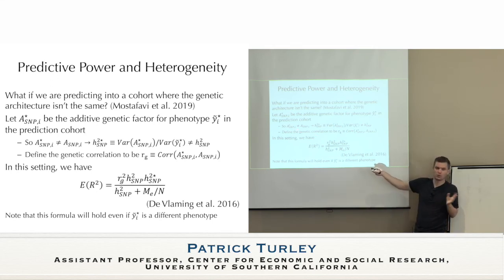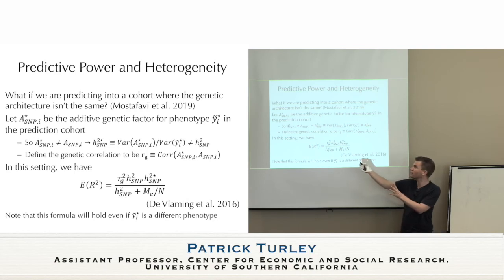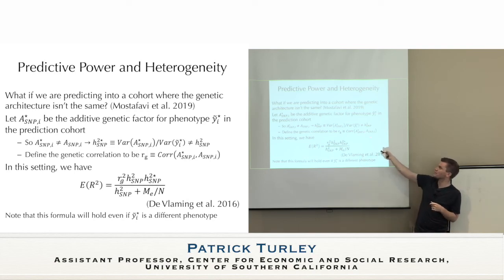Because we've assumed there's maybe heterogeneity, that means that the additive SNP factor in the star cohort might not be the same as the additive SNP factor in the initial cohort that we've been working with. And then what that implies is that the SNP heritability in the star cohort may also be different than the SNP heritability in the other cohort. And furthermore, the correlation between these two things might not be perfect. It might be something less than 1.